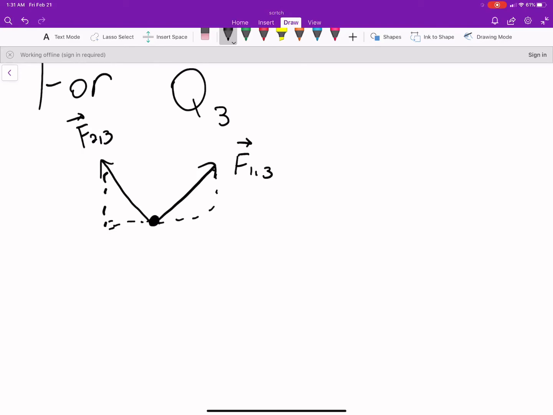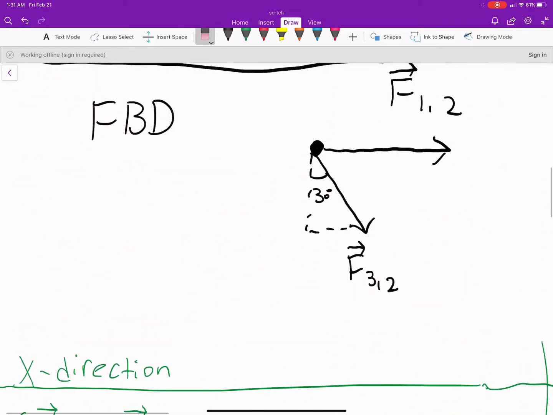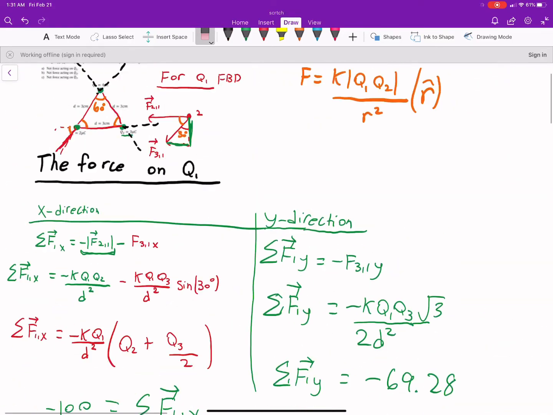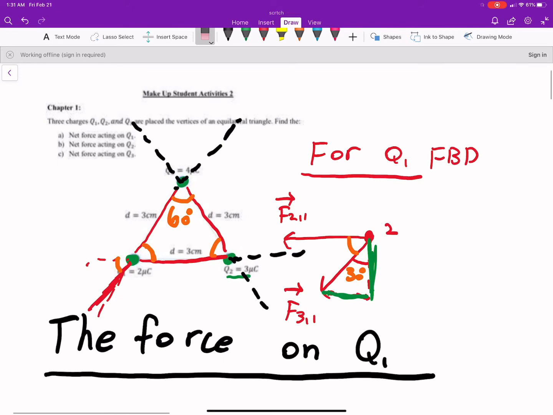Now, if we were to go here, let's look at the graph. That's not what I wanted to do. If we were to go like this, and to make another triangle here, what angle would this be? Well, it's going to follow, let's see.